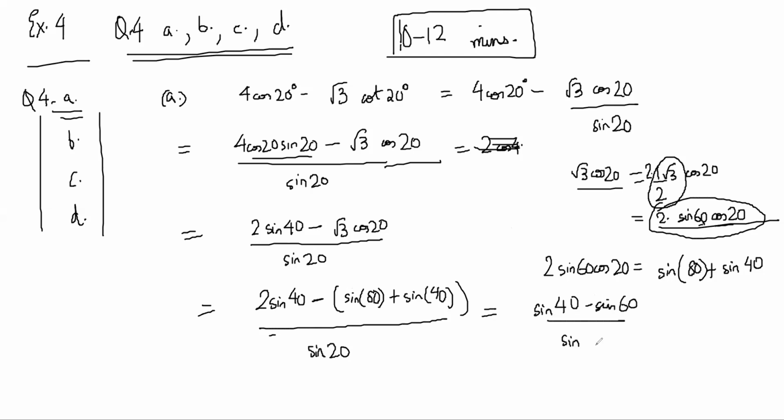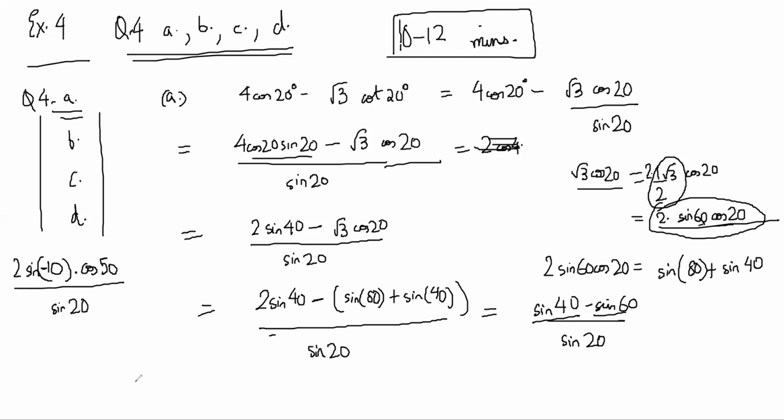Now sine C minus sine D becomes 2 sine of (C minus D) by 2 into cos of (C plus D) by 2. So 2 sine minus 10 into cos 50 by sine 20.